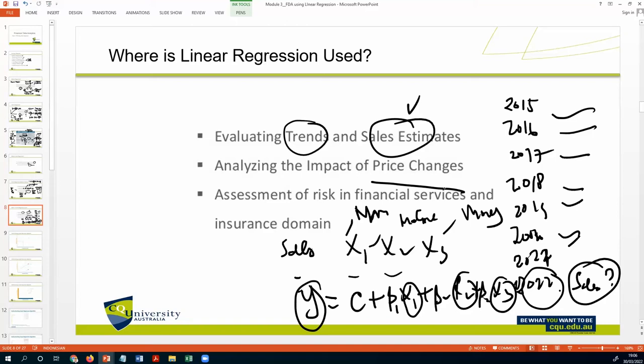Let's see like this: price increase 10%, price increase 20%, price increase 30%. What is the sales?